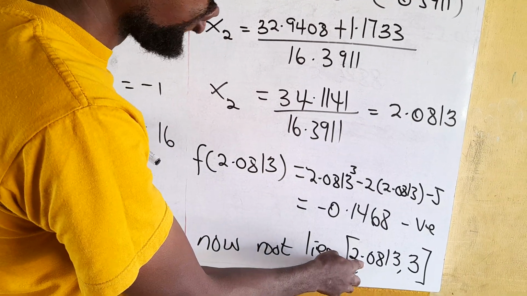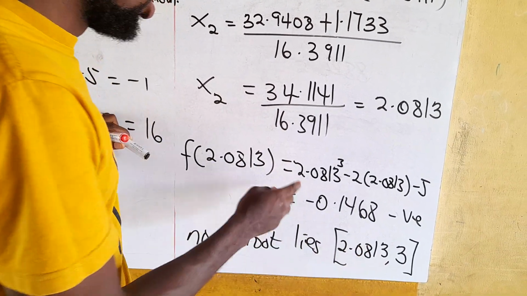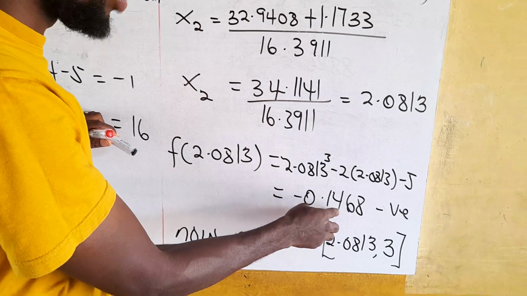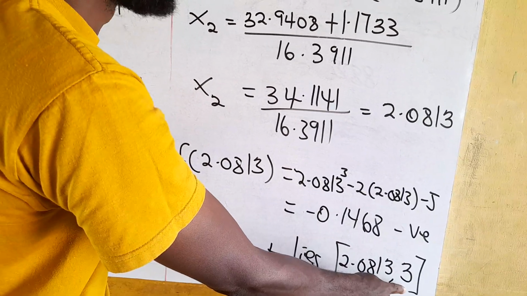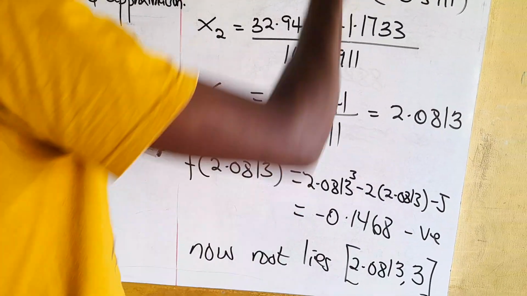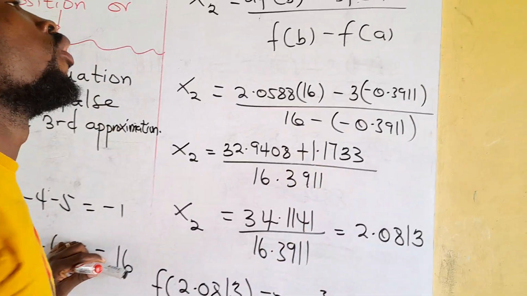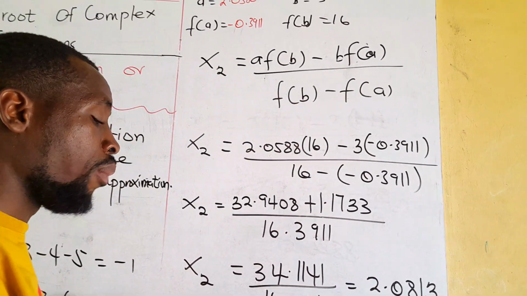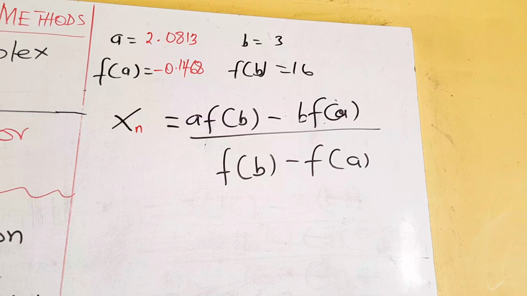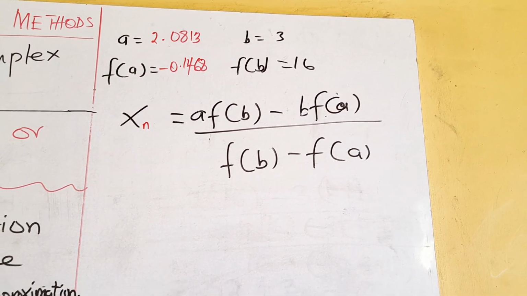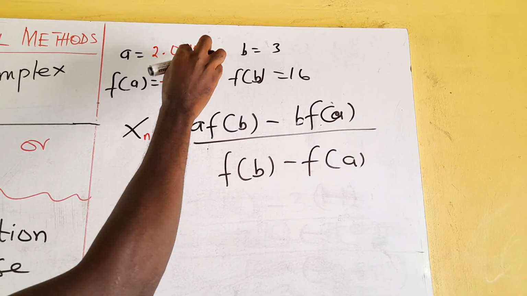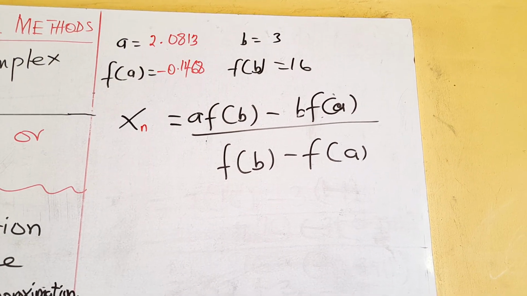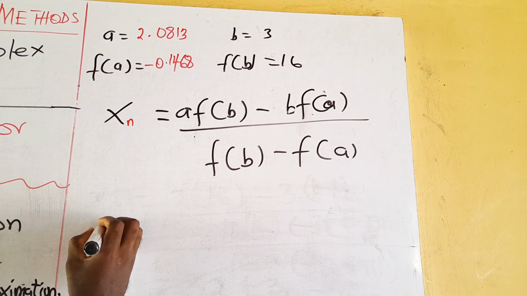Remember, f of 2.0813 produces negative 0.1468, and our f of 3 is the same 16 again. So we use that to find our third approximation. Now our root lies between the interval 2.0813 and 3 close.